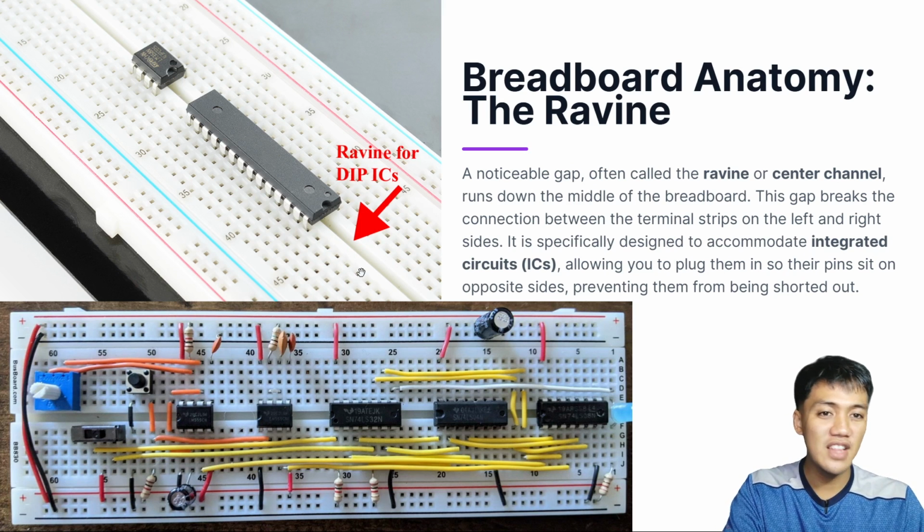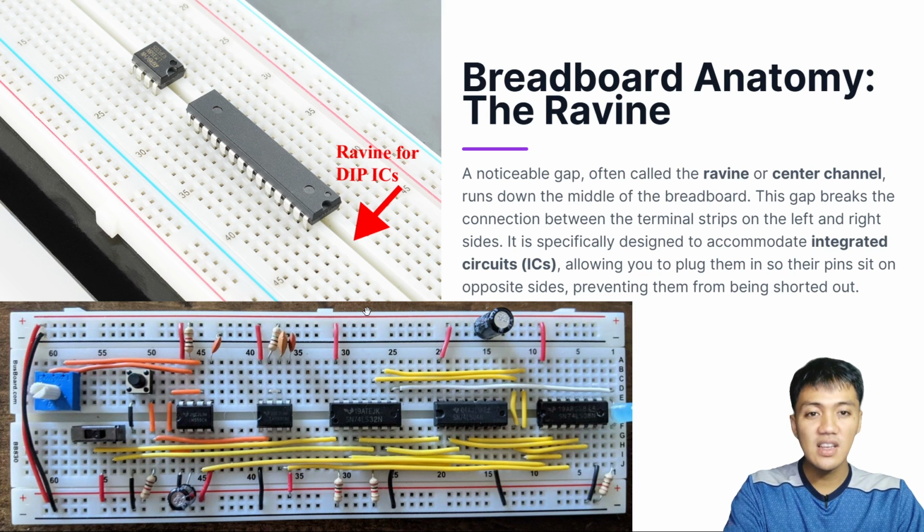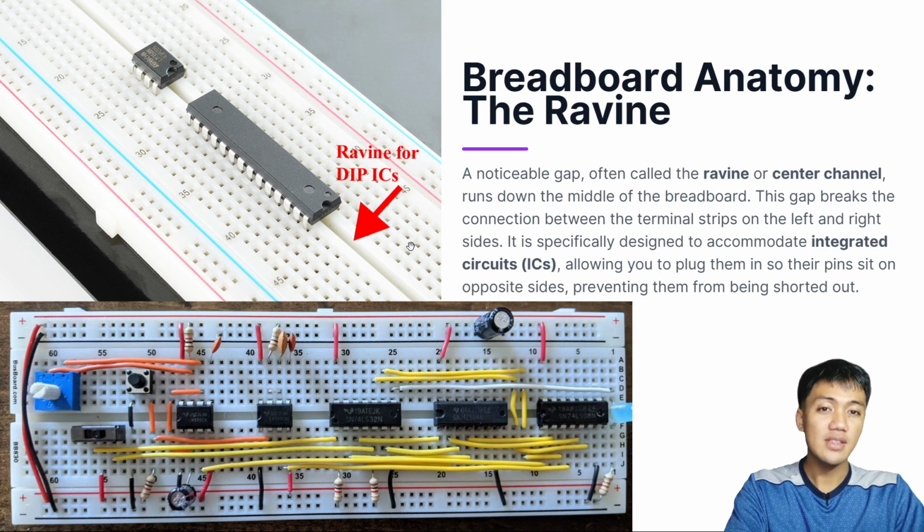So most of the time, all of these legs are connected to one side, the other set of legs are to the other, so that these opposing pins cannot be in contact and they will not cause a short circuit.